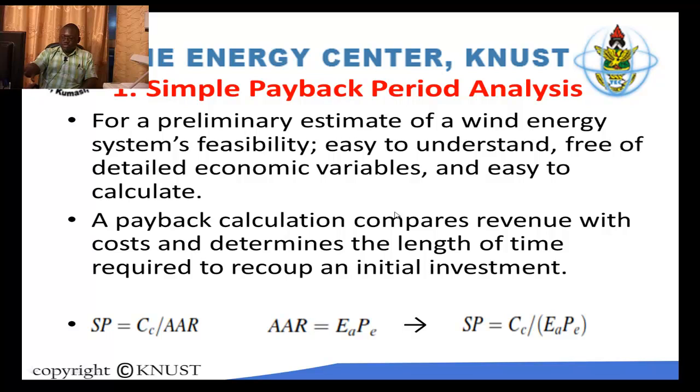So when you substitute the relationship for the annual average return, the simple payback period becomes the capital cost over EA, which is the annual energy, times PE, which is the price per unit energy, or the price per kilowatt hour or megawatt hour, or whichever unit of energy is used. So this is quite a very simple idea to be able to appraise a project and tell whether it makes more financial sense or not.